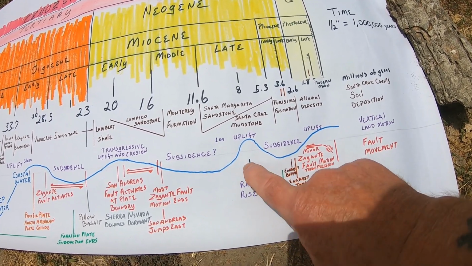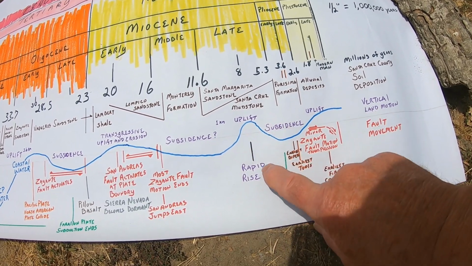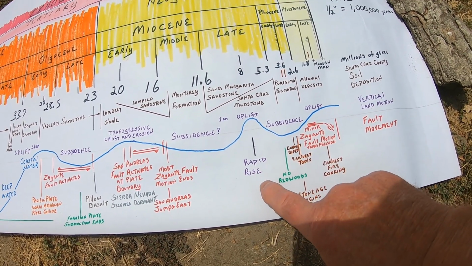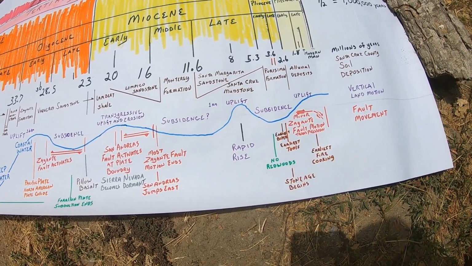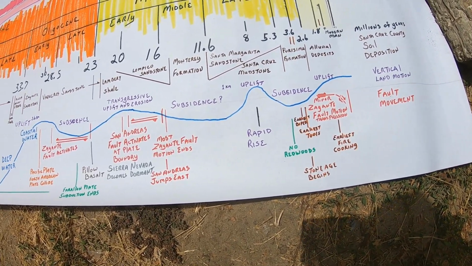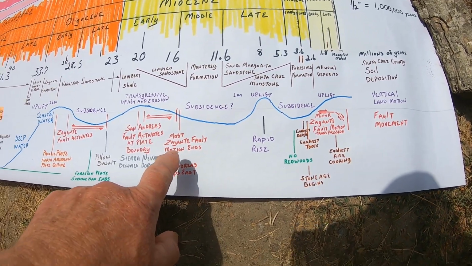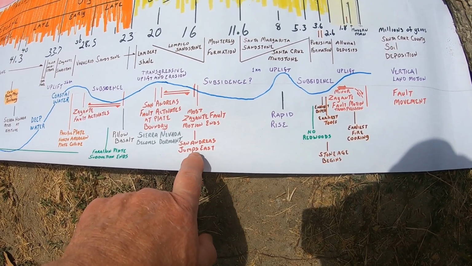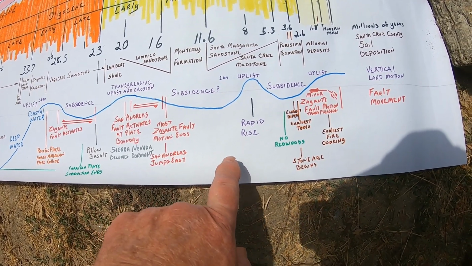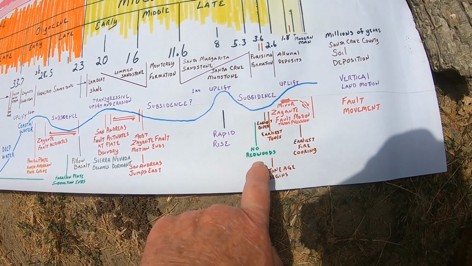So it was a period of uplift with a rapid rise, which probably accounted for the thicker mudstone. The Zayante Fault had mostly ended. The San Andreas was fully functional. There were no redwoods yet.